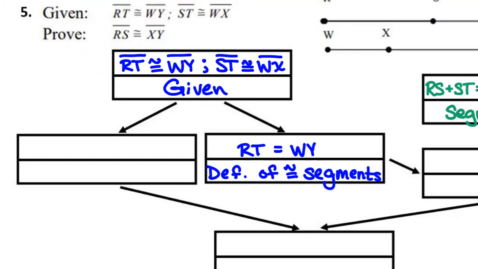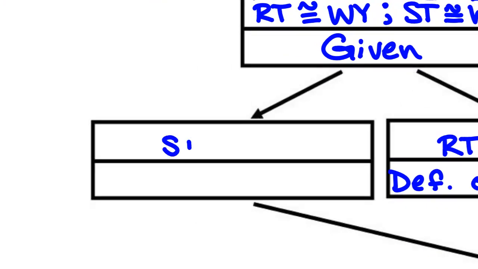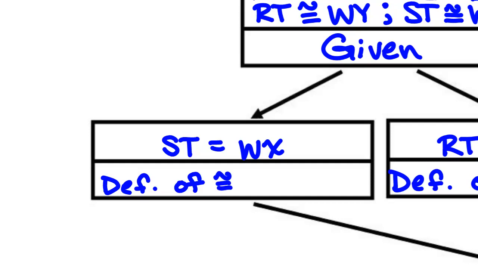And over in the other box, I have the length of segment ST is congruent to the length of segment WX. And again, that would be my definition of congruent segments.